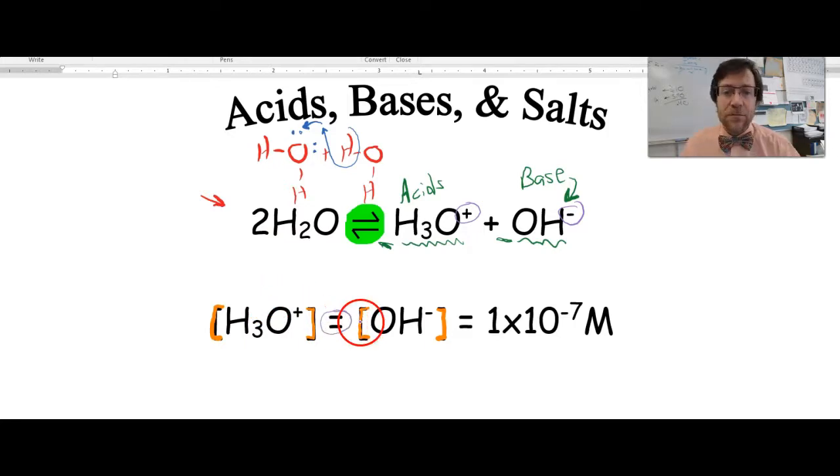They have to be. Why? Because of this equation right here. And the other part that's weird is that no matter what we do, heat it up, cool it down, the concentration ends up being this.